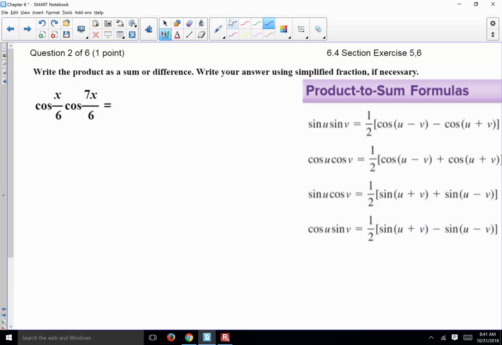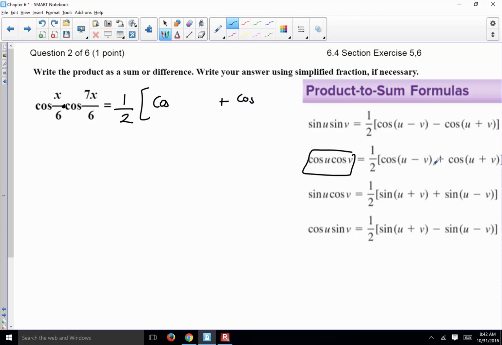Alright, are you done? So this time we're gonna use this formula, right? Because this is a cosine product. Between two cosines, it's a product. So it's 1 over 2 cosine. Now let me first write the whole thing without inside. It's cosine and cosine, right?